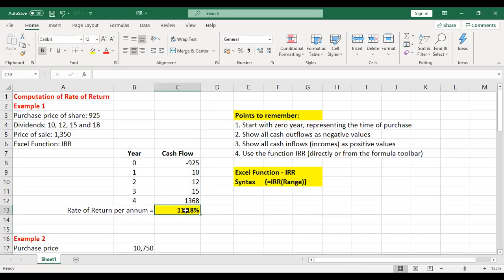In this particular case, the rate of return per annum is 11.18%. This IRR function can be used for any investment. Only thing is, when there are no intermittent cash flows, we have to keep showing 0 here. In that case, the IRR function can be used there also.